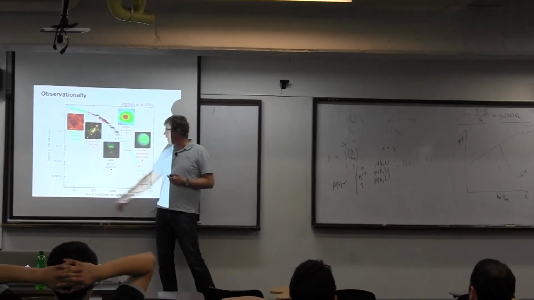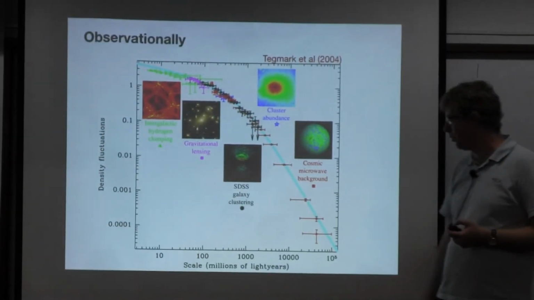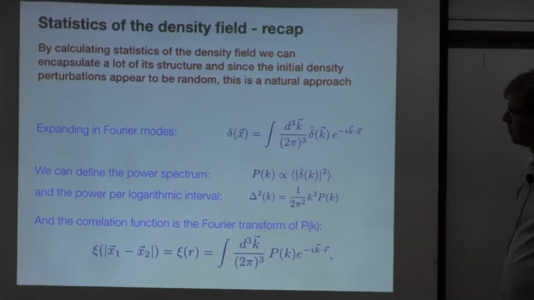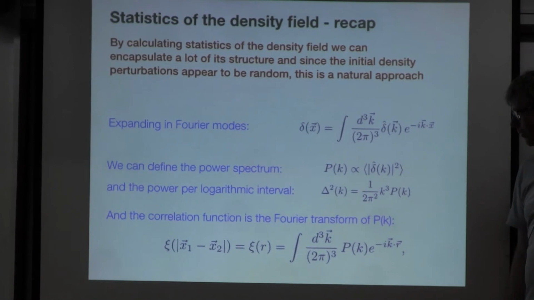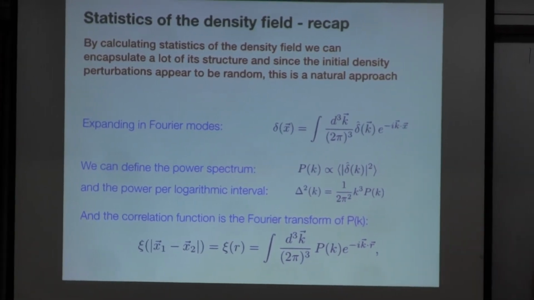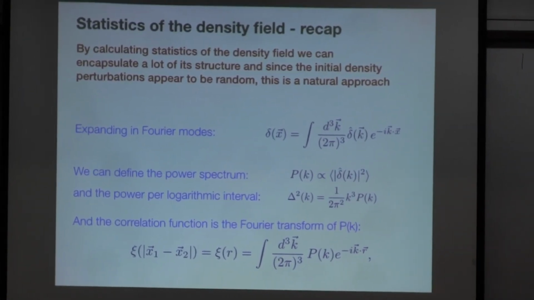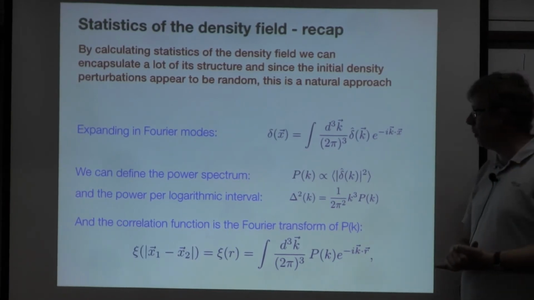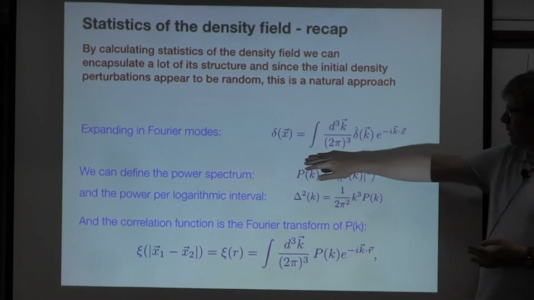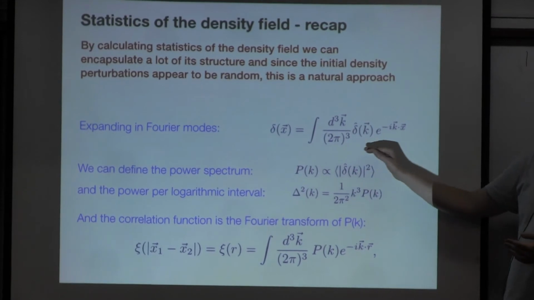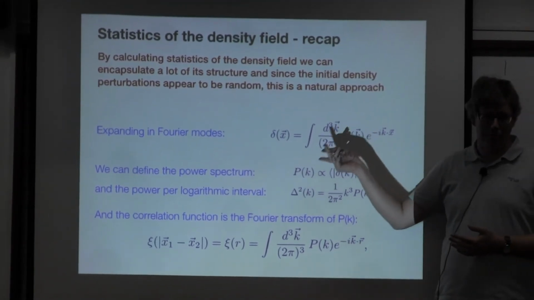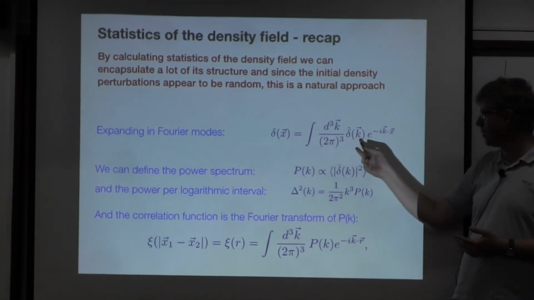Okay, that's a slightly different way of doing it. Now converting back to density, you can do that as well. Let me skip that. Okay, so this is a recap of what I said. It's a reference page. This is actually how we write things when we expand our density distribution in Fourier space.